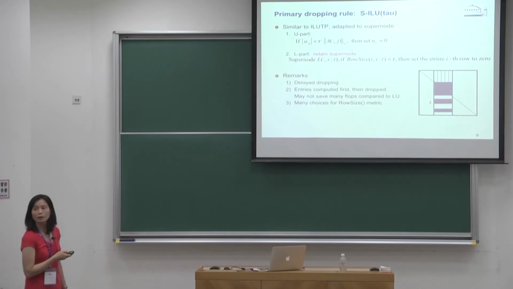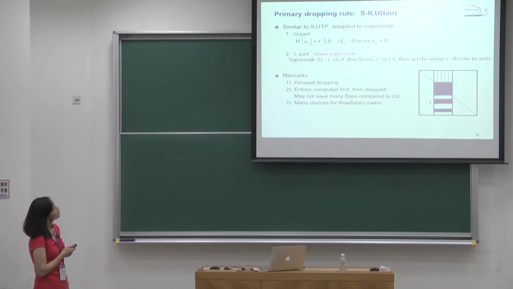So the algorithm is basically for the U part. U part is not supernode, so you just do scalar. It's the same as Yousef Saad's scheme. So you look at each of the elements. If it's small relative to the column size of A, the current column, then you set this element to be 0. So the L part retains the supernode.